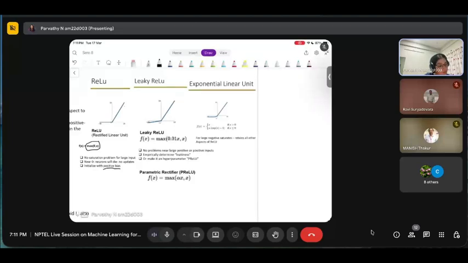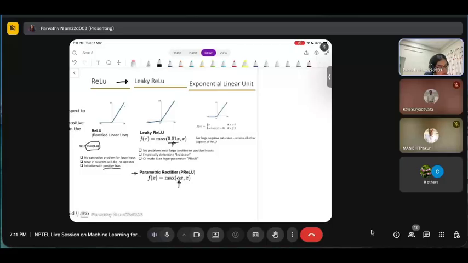A modification or an update to the ReLU is the leaky ReLU. It will prevent this zero update for the negative value by taking alpha times x, or 0.01 times x. So this 0.01, in case of a parametric version, you can treat as a parameter during training and find the value of alpha that is good for your data set.